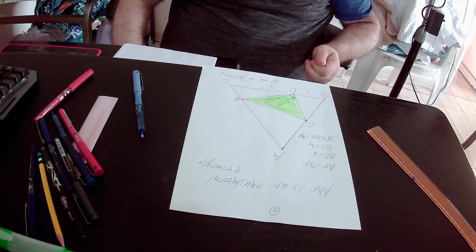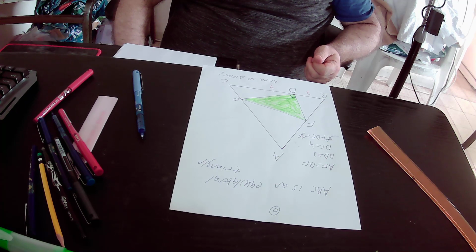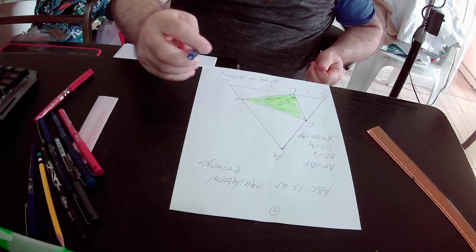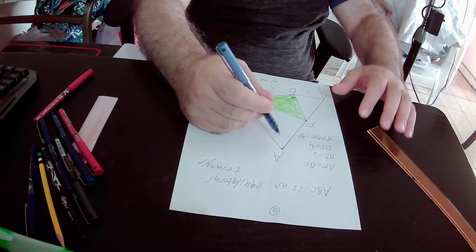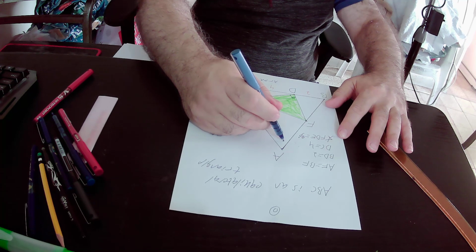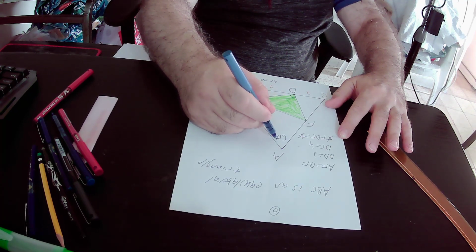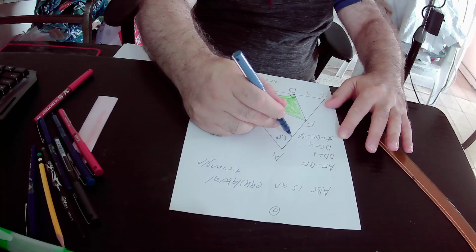Okay, first of all, in every equilateral triangle, all the angles equal 60 degrees. All the angles are equal to each other, and all the angles in an equilateral triangle equal 60 degrees.